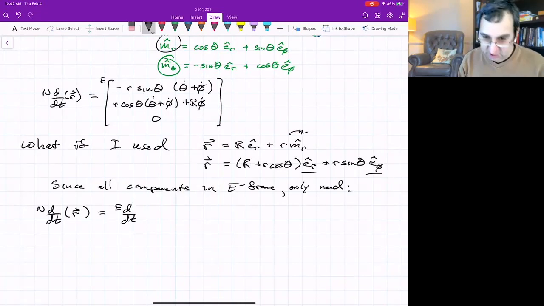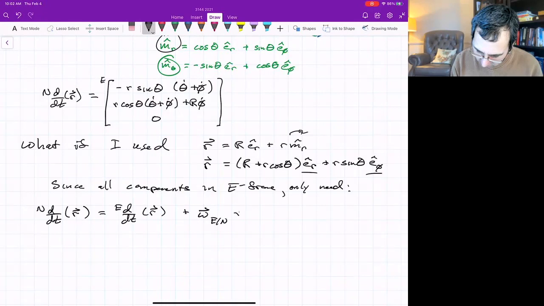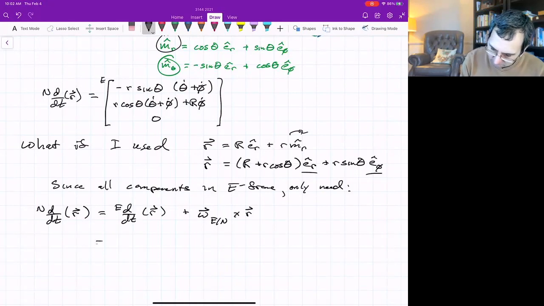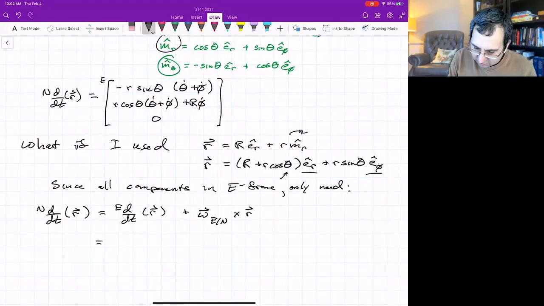And now on the right-hand side for the transport theorem, it's the E frame. E frame only. What is this? This would be omega E with respect to N cross R. And when I substitute everything in, well, theta does change with time. So I'm going to pick up a derivative there when I write this out.